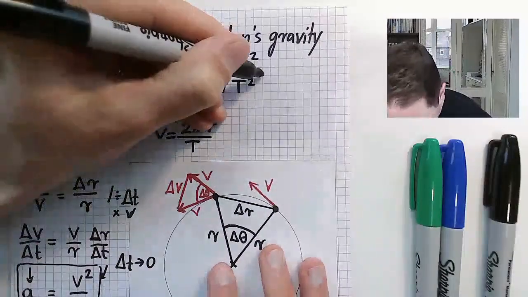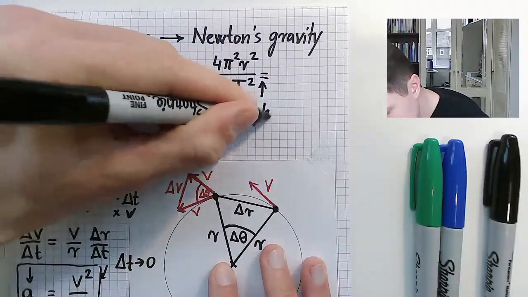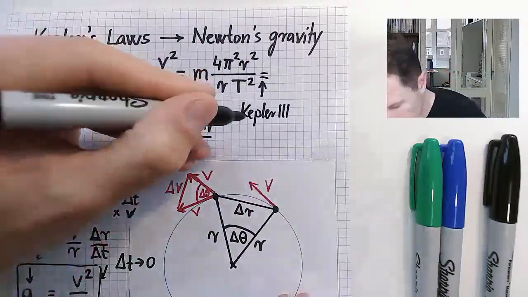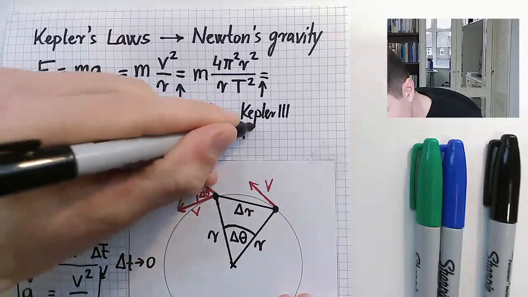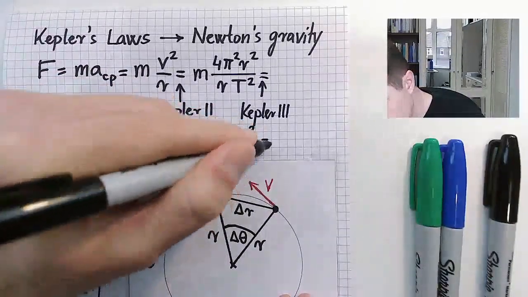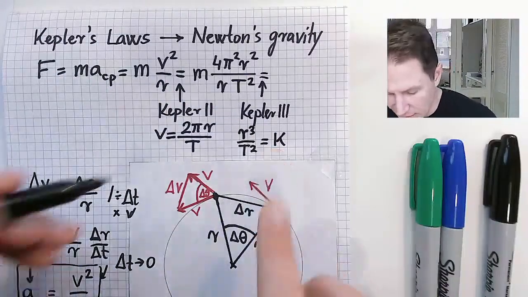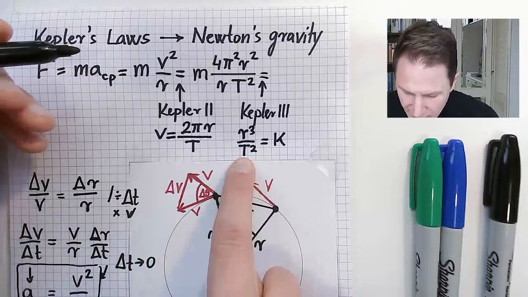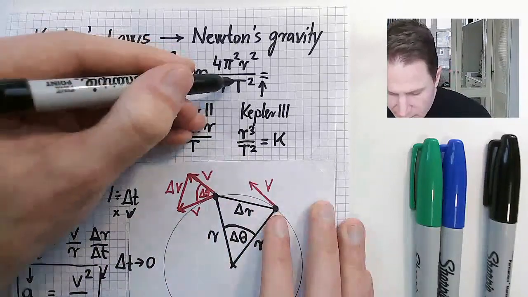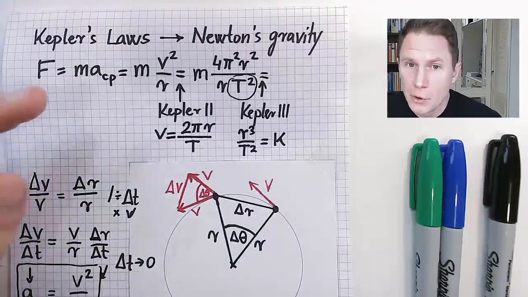Now I can apply Kepler's third law, which says that the distance cubed divided by the orbital period squared should give me the same constant. Let's call this constant capital K. And if I use that, I can write t squared as r cubed over k. So this t squared can be replaced by r cubed over k.